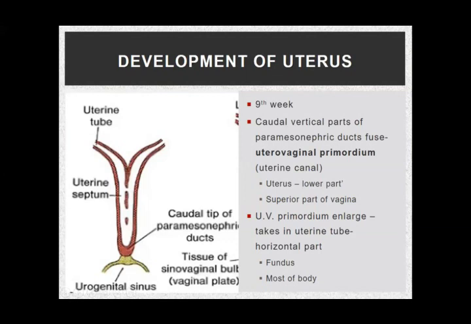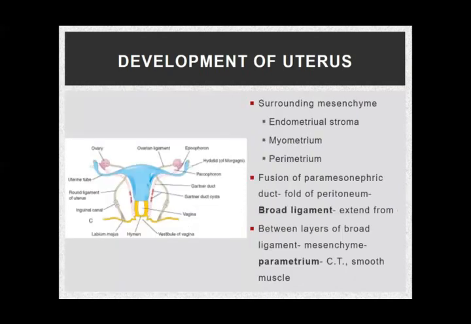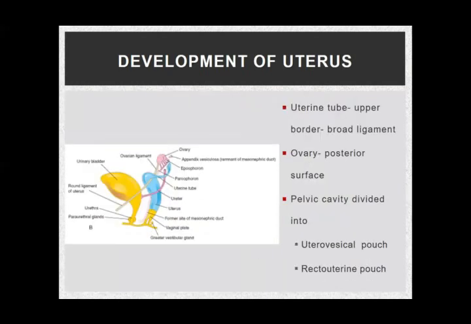Okay, continuing with the development of the uterus. Now, the uterine tube is lying in the upper part of the broad ligament.